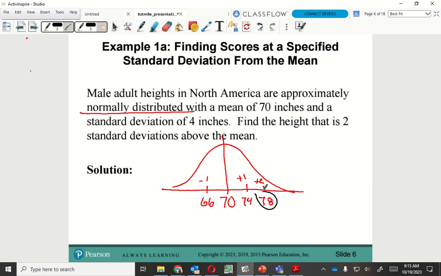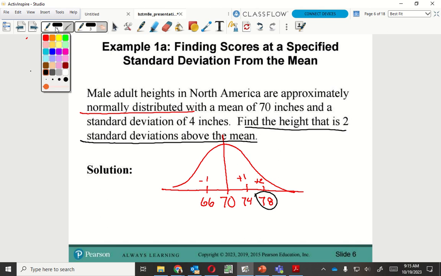I'm looking for the plus 2 standard deviations above the mean. But let's keep going since we are filling this in. What would my minus 2 be? 62, because I have to subtract 4 every time.